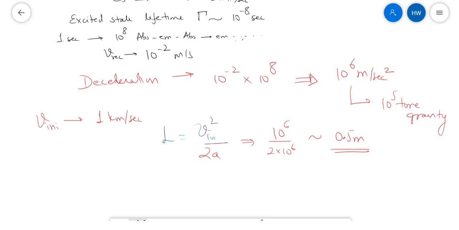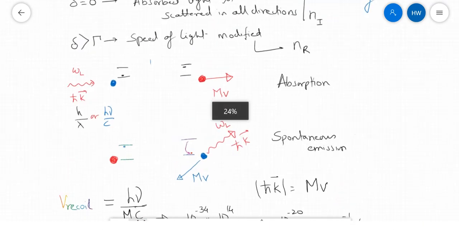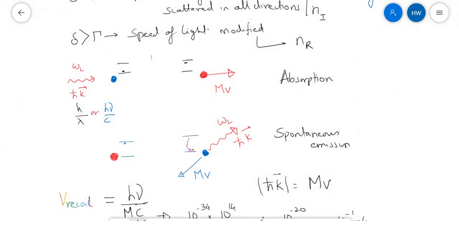But of course, it is not all a win situation, because every absorption is also followed by a spontaneous emission, which gives you a random kick. I can arrange my light to come in from a particular direction, so that gives definite kicks in a particular direction through absorption, whereas spontaneous emission will lead to randomized motion of my atom.